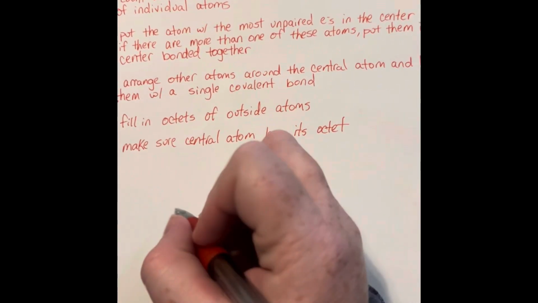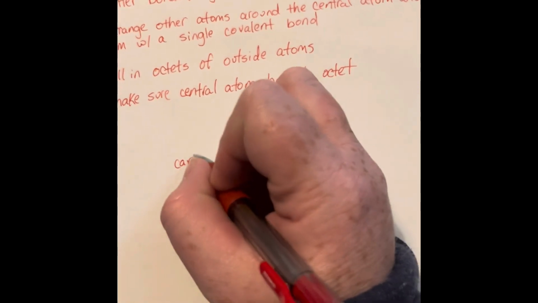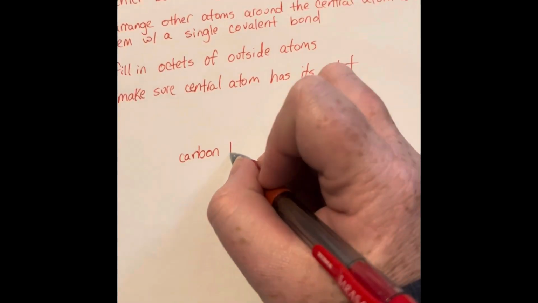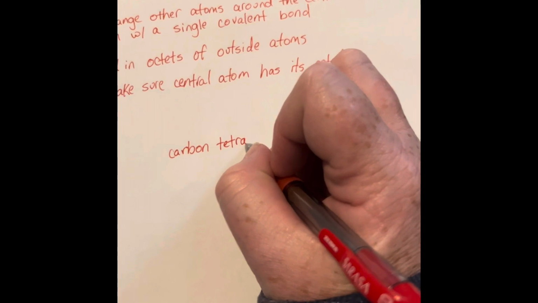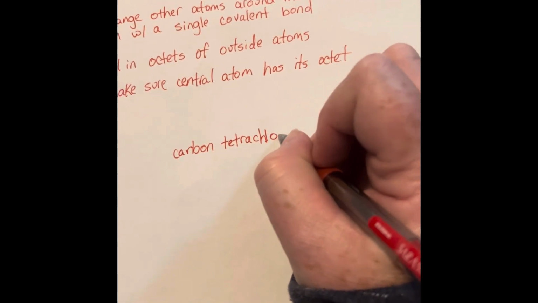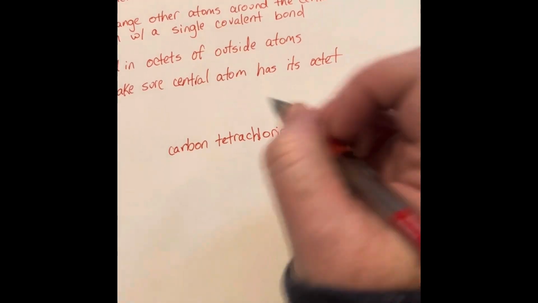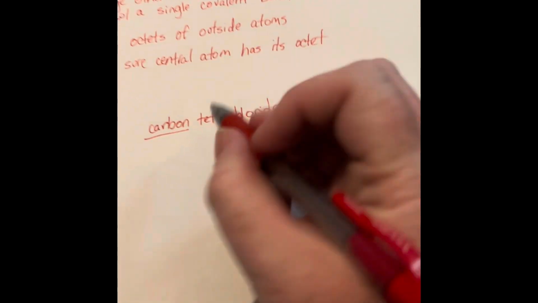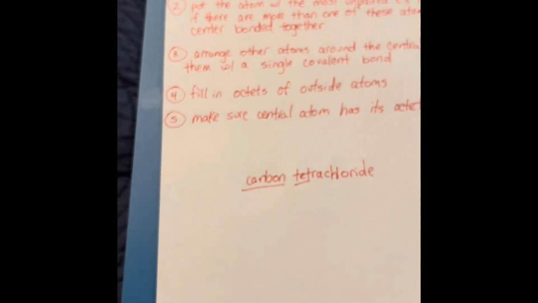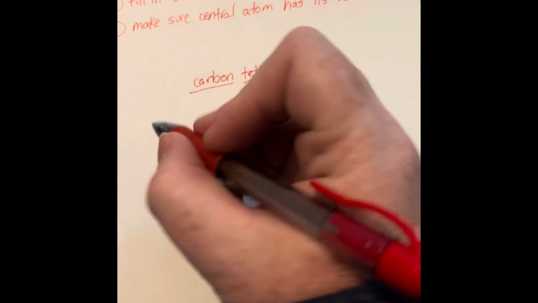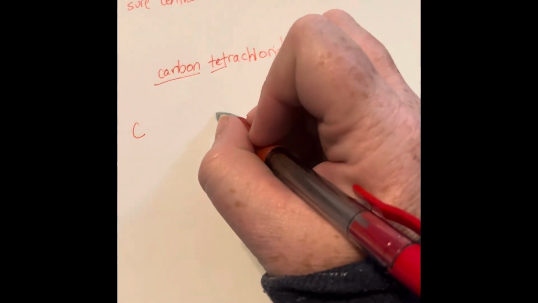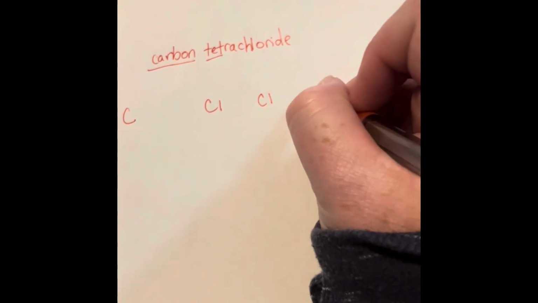So if we're going to do carbon tetrachloride, this is the one I used in class, I believe. So I know I have 1 carbon. Tetra means 4. So I have 4 chlorines. Okay. So I have a carbon and I have 4. All right.